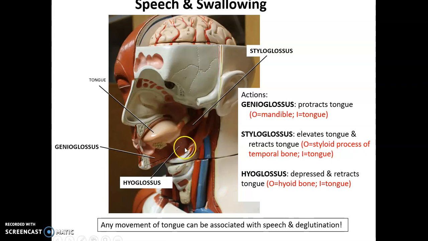And then the hyoglossus muscle, when it contracts, can help to depress the tongue as well as retract the tongue, pull it back posteriorly. And again, any of these muscles can be helpful in speech and deglutination. We need to be able to move the tongue for swallowing and for talking.